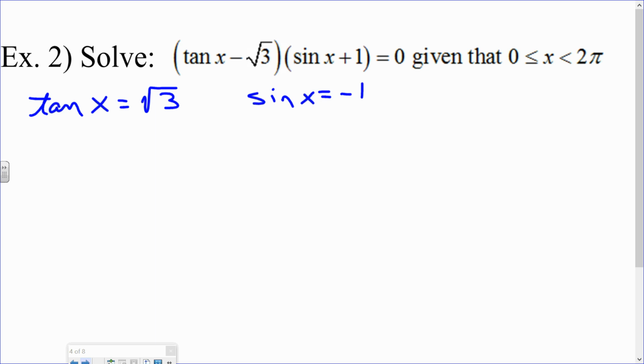So where on the unit circle will the tangent be positive root 3? And this one is in radians. Yes, but radians.